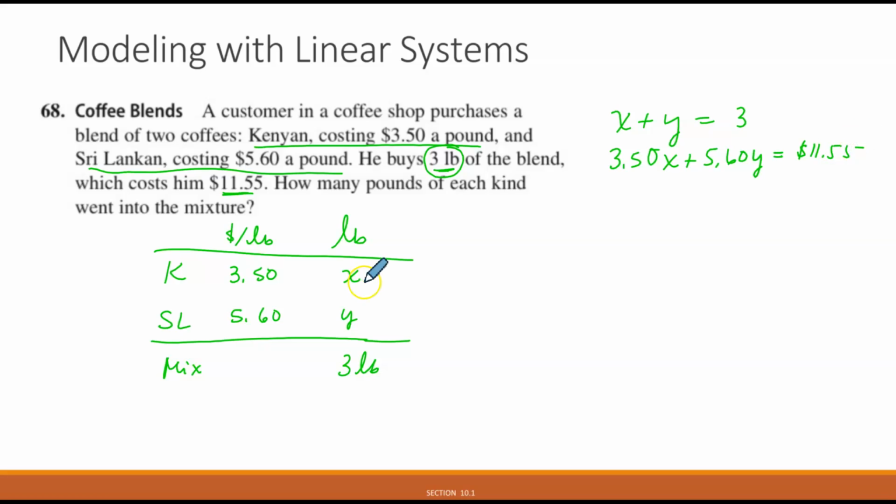So we've got pounds of Kenyan plus pounds of Sri Lankan, 3 pounds total. The cost, $3.50 for each pound of the Kenyan, $5.60 for each pound of the Sri Lankan, and we know that the 3 pounds cost him $11.55 total. We have a system of equations that we can either solve by hand or, much better, use our graphing calculator.